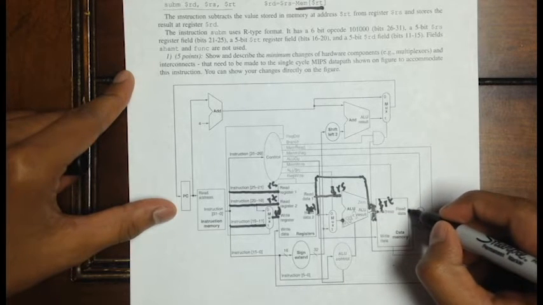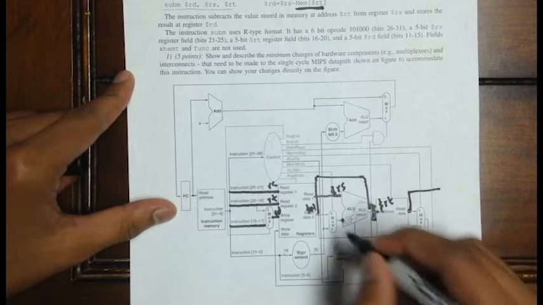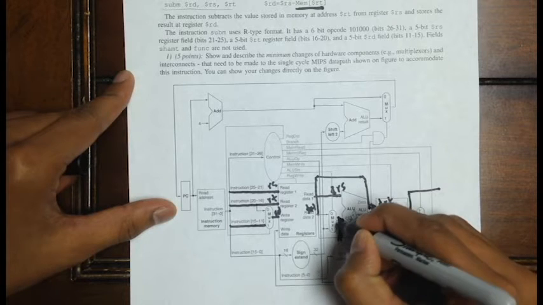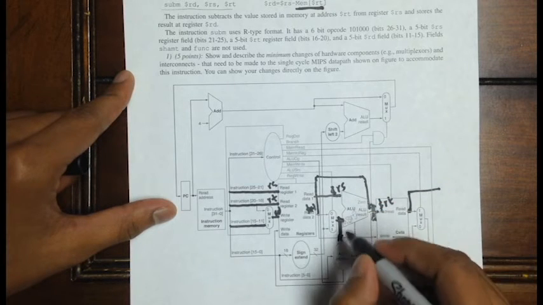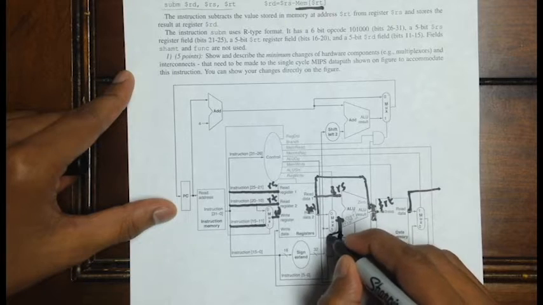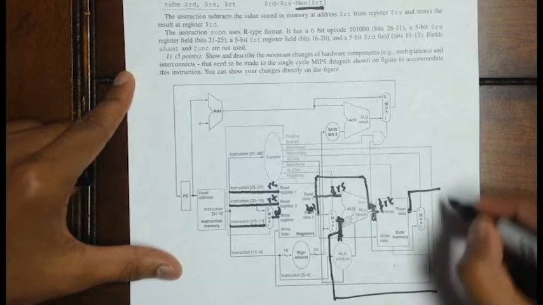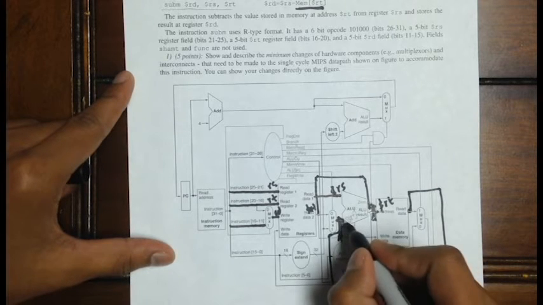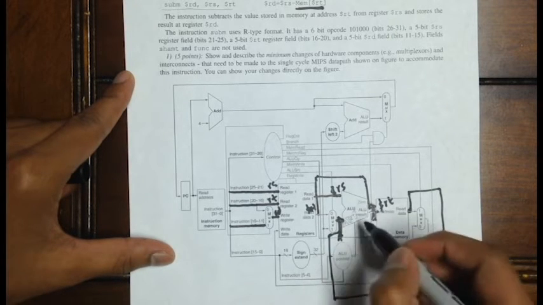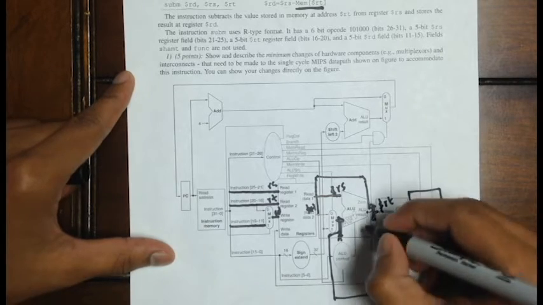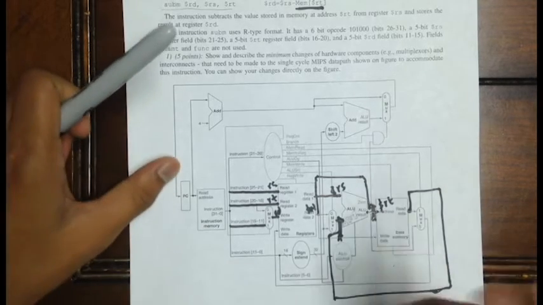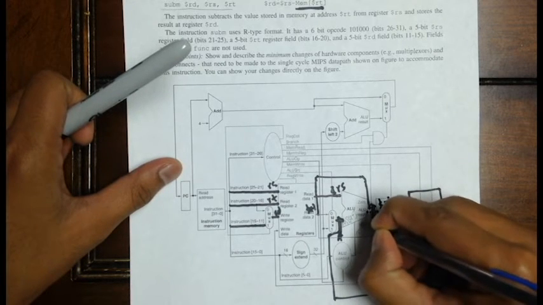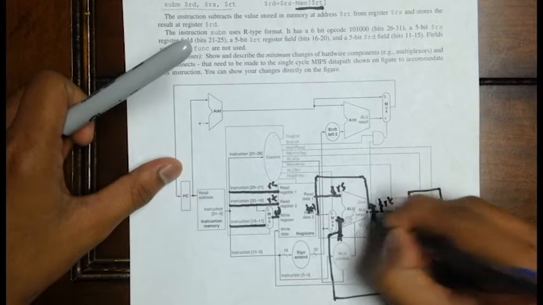So we are going to take this out and bring in another multiplexer here into which this is one of the inputs and the read data is also one of the inputs. So the ALU result is going to be right here, RS minus memory at RT.